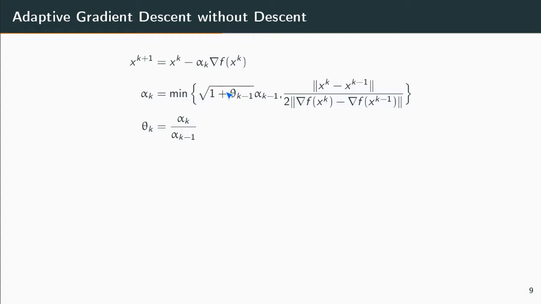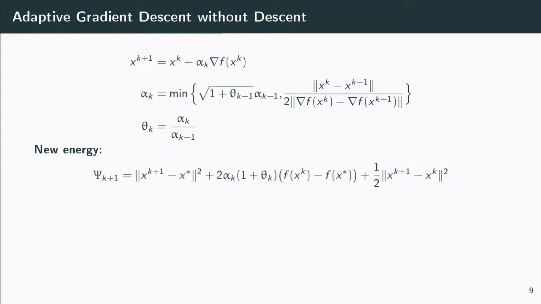So you may wonder why we have such strange conditions, at least the square root and this one. I cannot explain it really well without showing the proof, but the main idea is how the proof of all these optimization methods works. In most cases, you construct some discrete Lyapunov energy, like the same you do when solving differential equations.